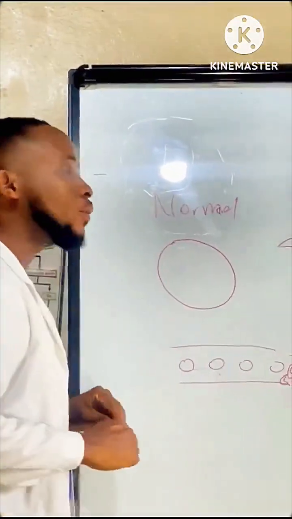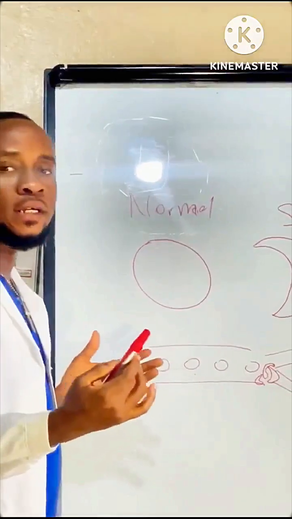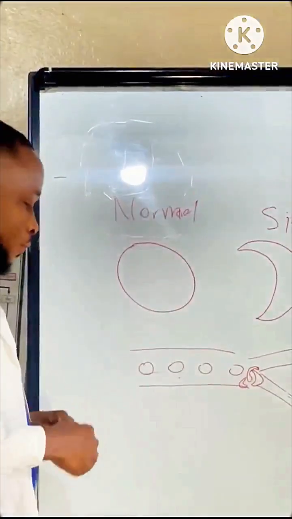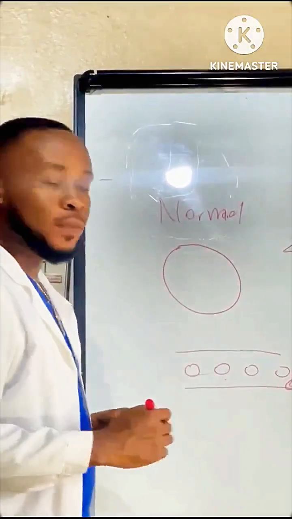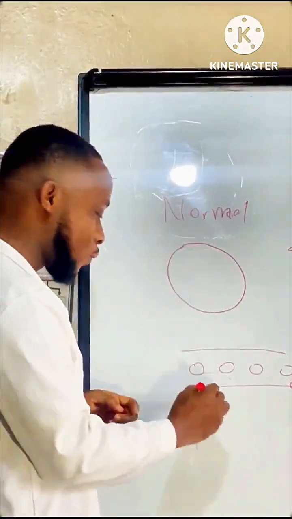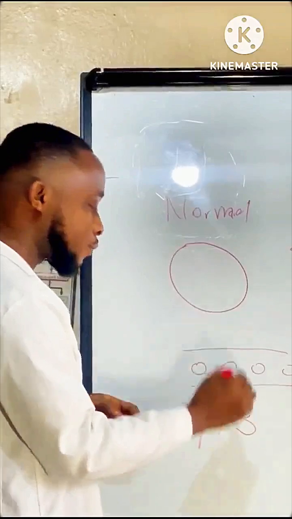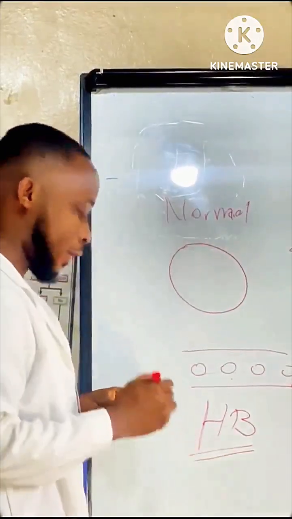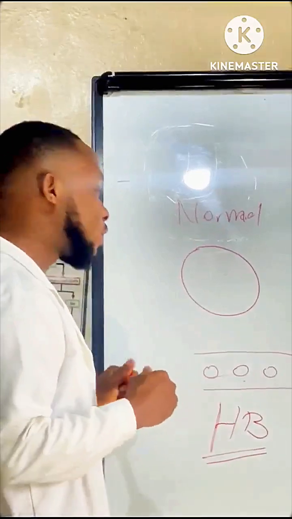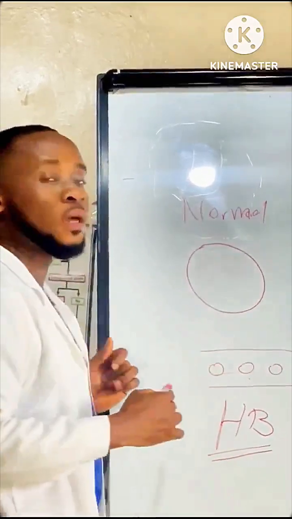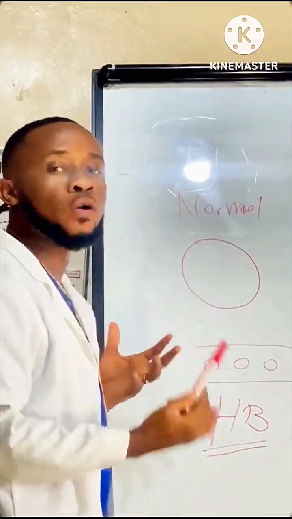Alright, how does it happen that a person gets sickle cell? There's a protein called hemoglobin, which we just consider as HB. Hemoglobin is a protein that is responsible for the oxygen level in the red cells, which gives them the red coloration.